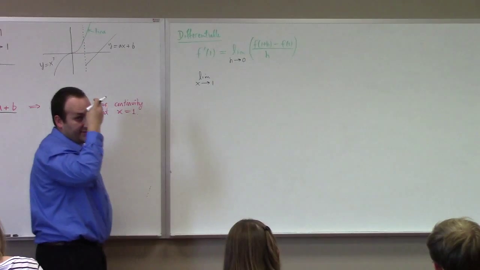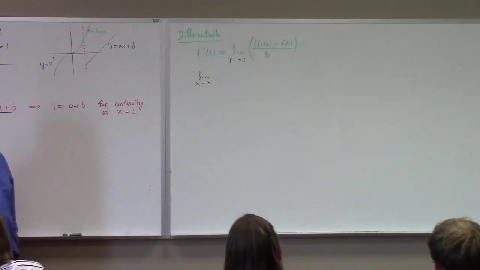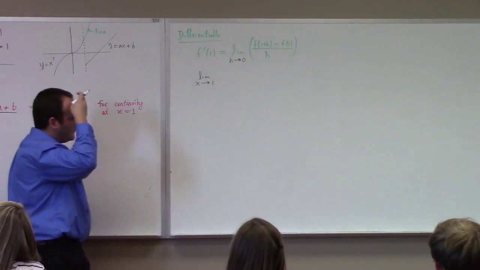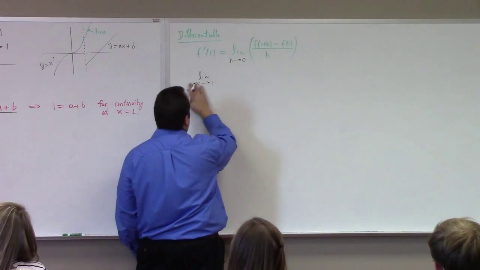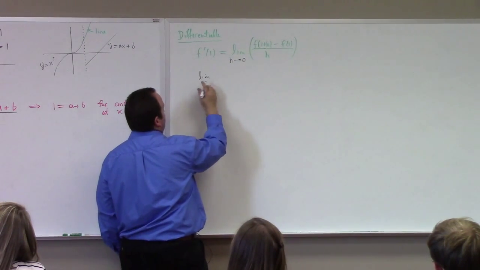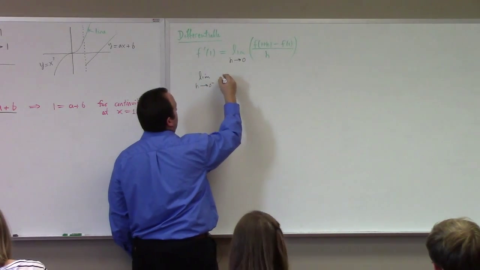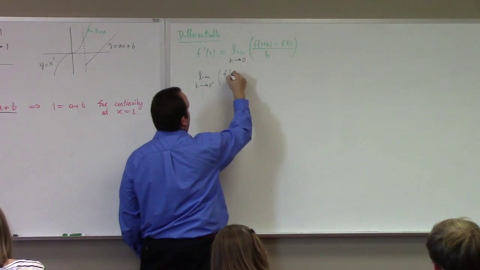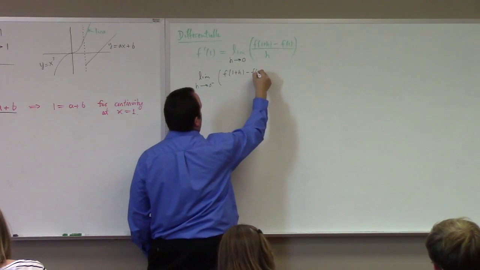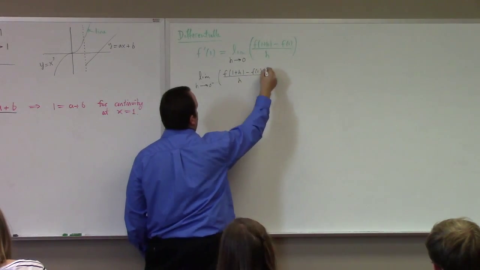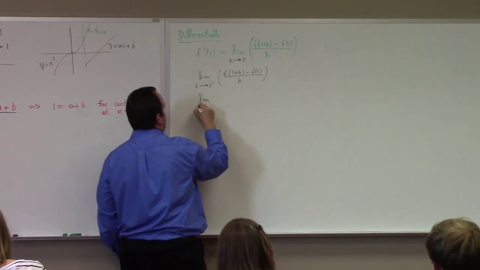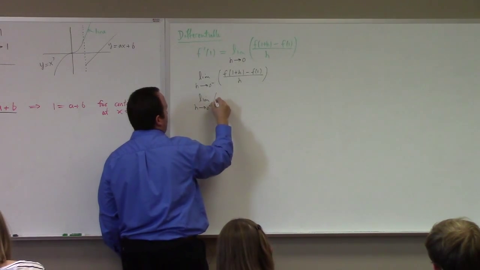f of 1 plus h minus f of 1 divided by h, that's the derivative at 1 in terms of the h going to 0 limit. So I need the limit as h goes to 0 from the left of f of 1 plus h minus f of 1 divided by h, and I need the limit as h goes to 0 from the right of that thing.